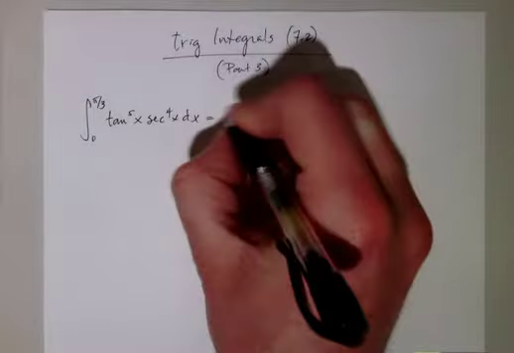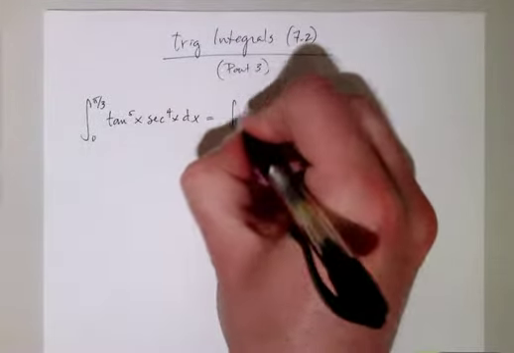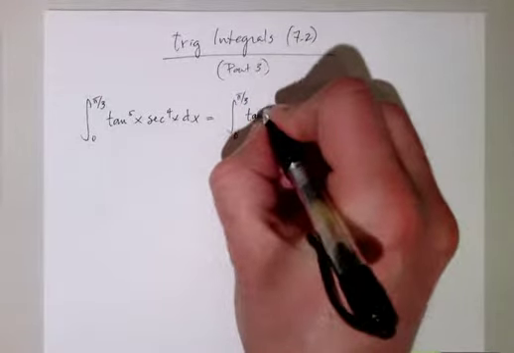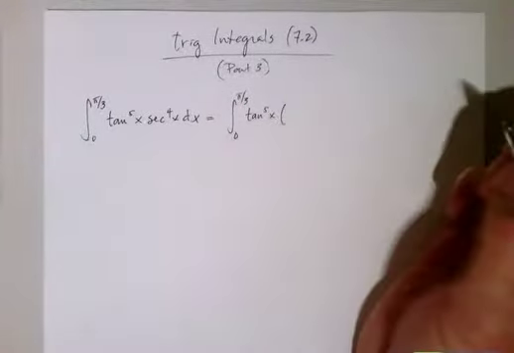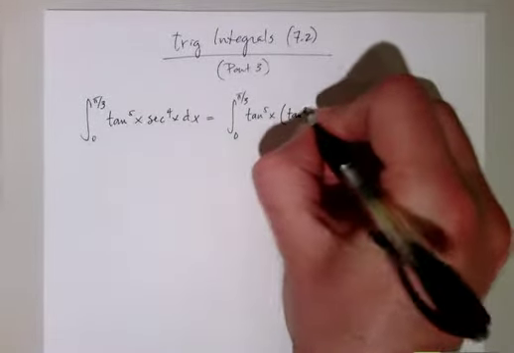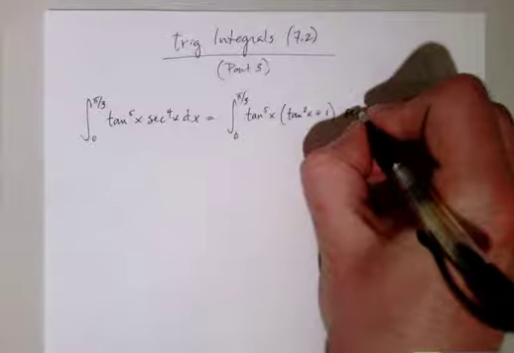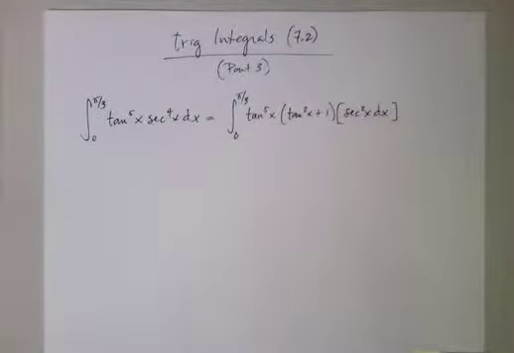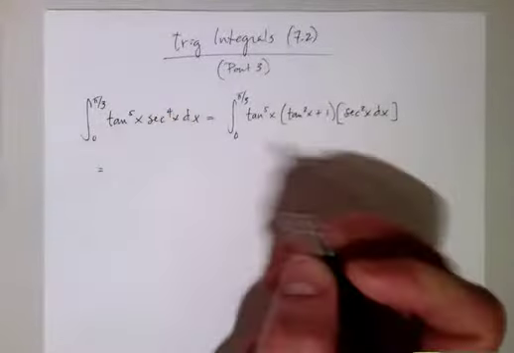It's just more natural for me, at least, to see whether it is possible and advantageous to pull out a secant squared. And if I do that, I wind up getting that. And the secant squared dx is my eventual du for all of the u substitution integration that I'm going to be doing.